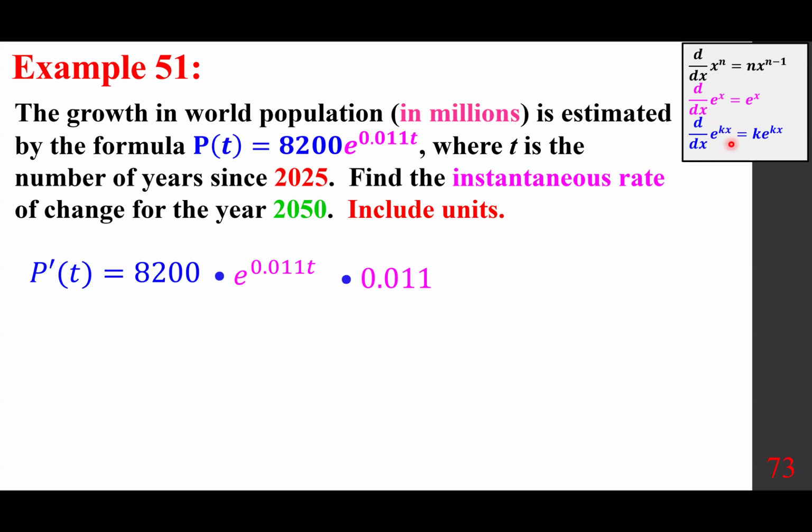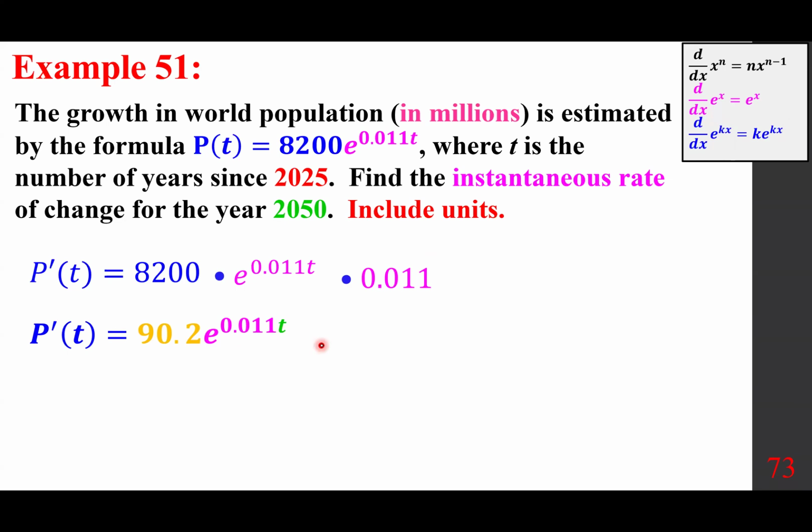Again, the derivative of e to the power of kx is e to the power of kx times k. You multiply these two numbers, so you get P prime of t is 90.2 e to the power of 0.011t.